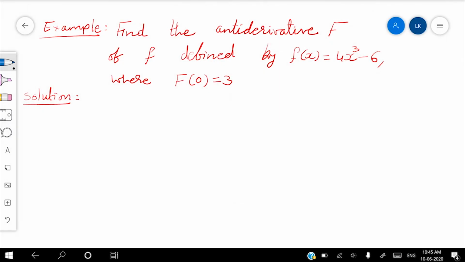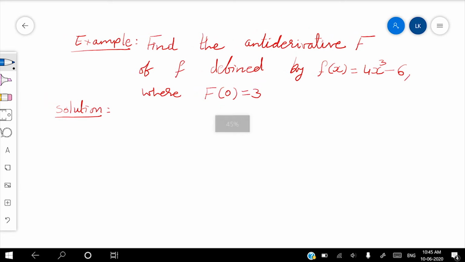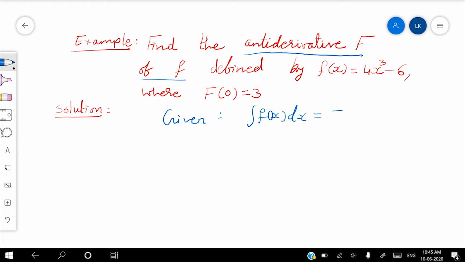This is a beautiful example. Let us see. Find the antiderivative capital F. Antiderivative means the integral, capital F of small f. That is, you are given that the integral of f(x) dx equals capital F(x).